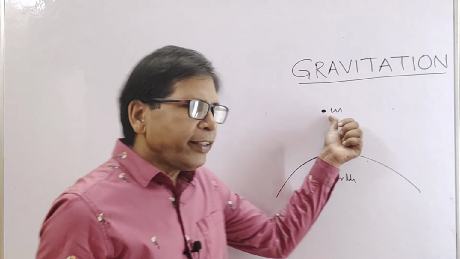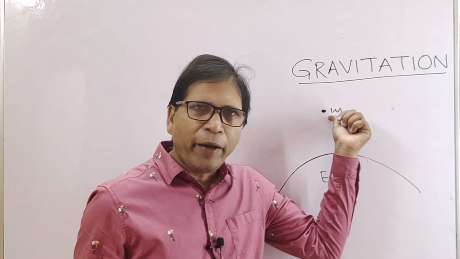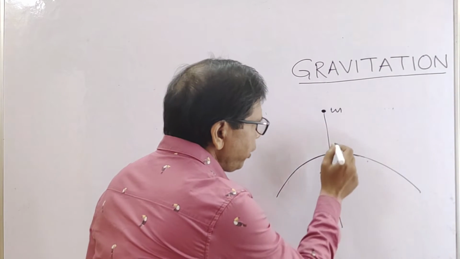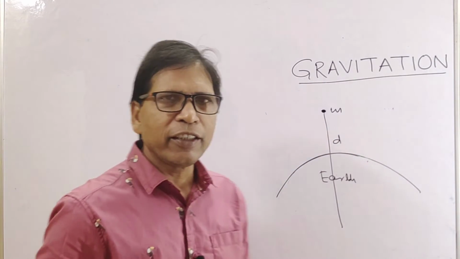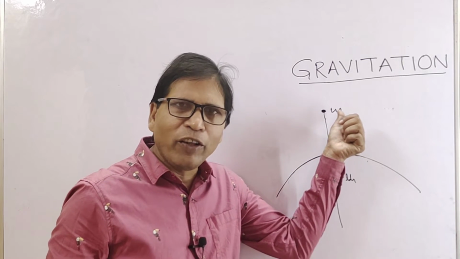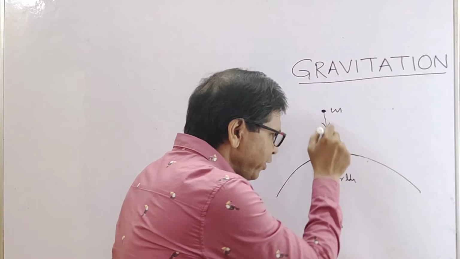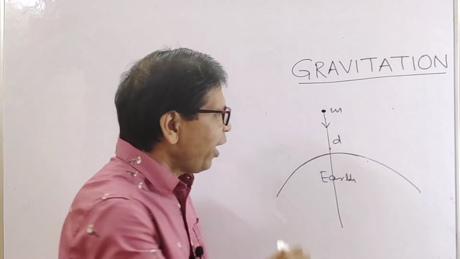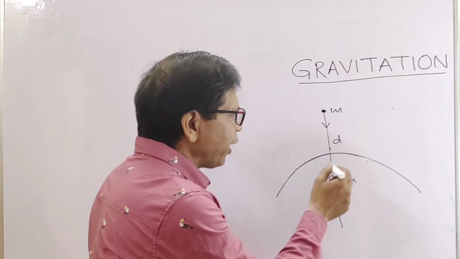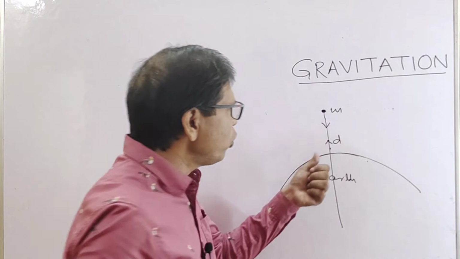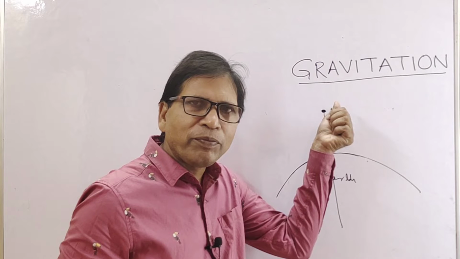Now look at this. A small object m is at a distance d from the center of the earth. The force of attraction on the body by the earth is directed towards the center of the earth, and the force of attraction on the earth by the body is directed towards the small m.